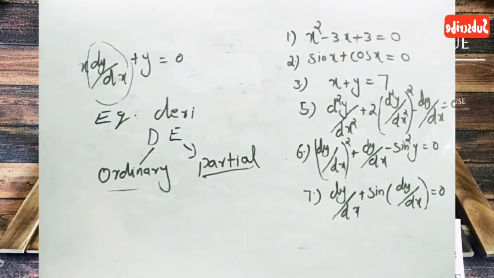In this chapter, we are going to discuss ordinary differential equations. So the differential equation in this chapter means ordinary differential equation, involving derivatives of the dependent variable with respect to only one independent variable.